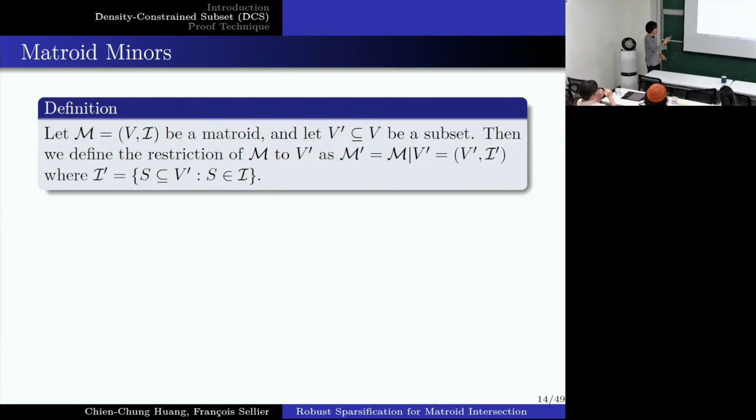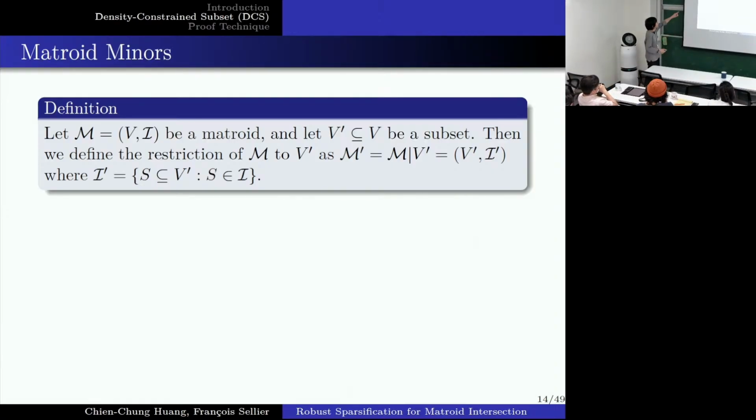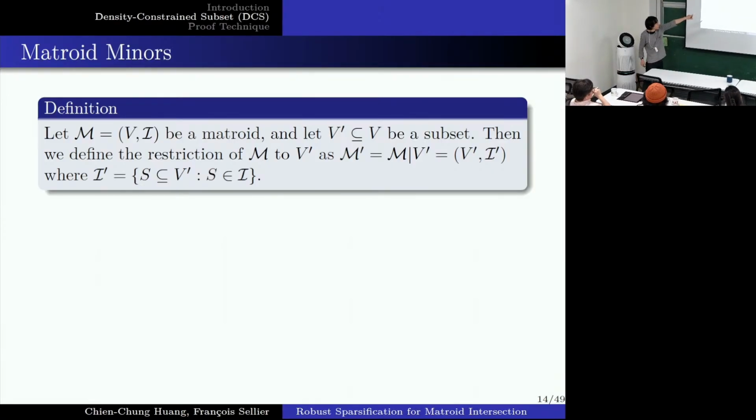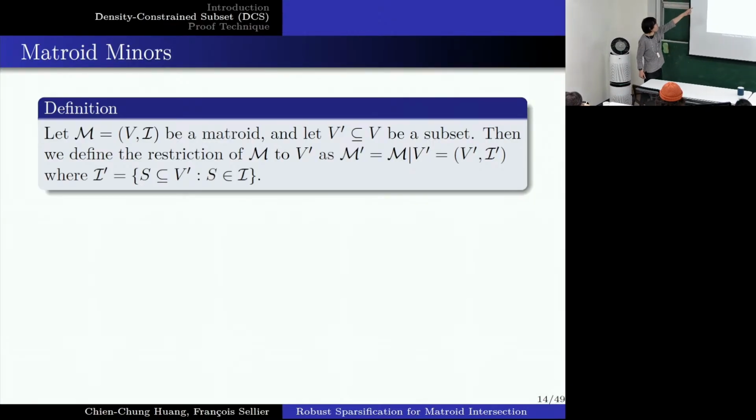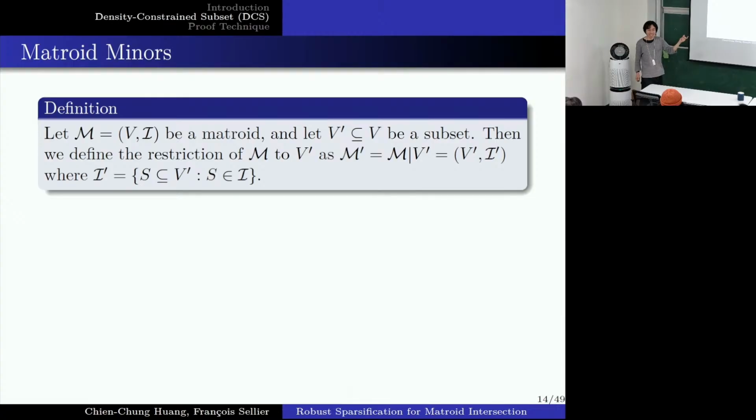In this context, the ground set is V prime, but the new family of independent sets is defined as this. It just means that a set is independent if originally it was independent in the entire family.